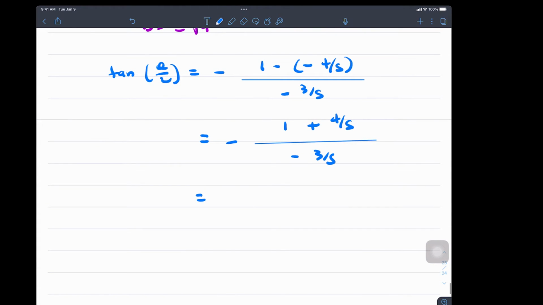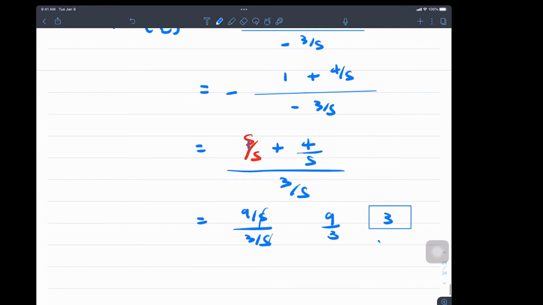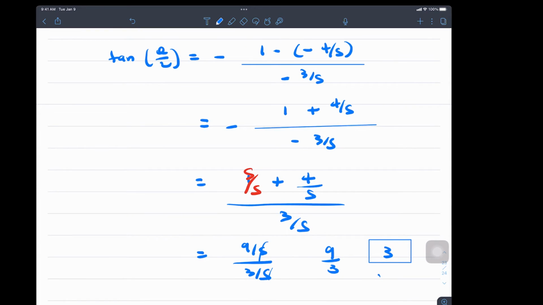Isn't a negative over negative going to be negative? 1 plus 4/5 is 9/5 over 3/5, which is going to give you 9 over 3, or just the number 3. Okay? There you go, ladies and gentlemen.